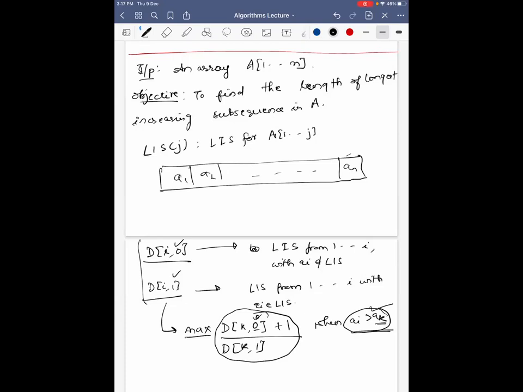Sir, while defining the recursion, we have to write that we are finding the maximum, but while computing, we are just selecting it.